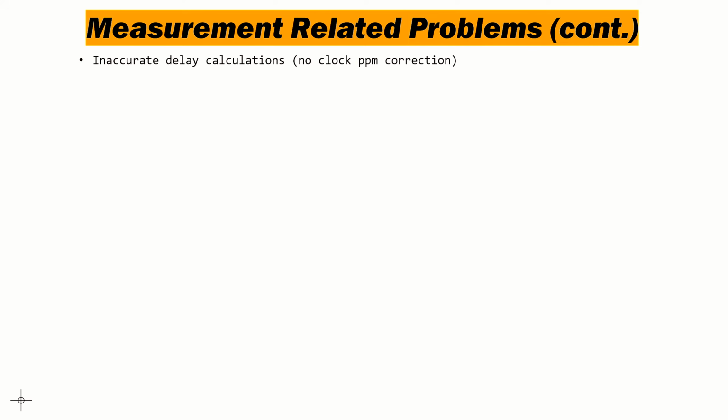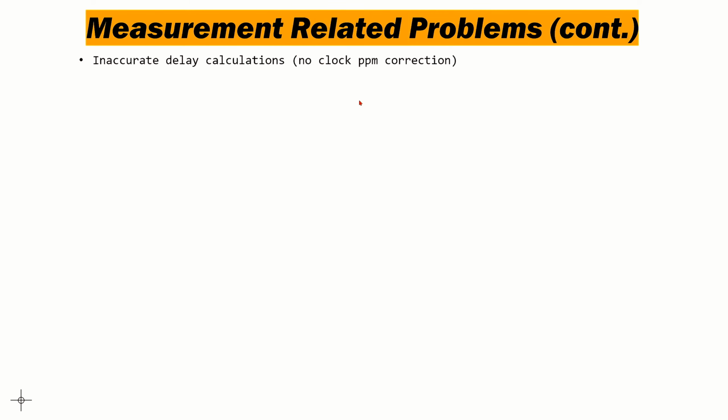Measurement-related problems continued. Inaccurate delay calculations. All the systems, the miniDSP UMIK, the amplifiers, internal circuits, etc., they all introduce delays, and those automated measurement systems do nothing about it. Whereas in REW, for example, there is clock pulse per minute correction, which completely eliminates every delay caused by the instruments during the measurement.